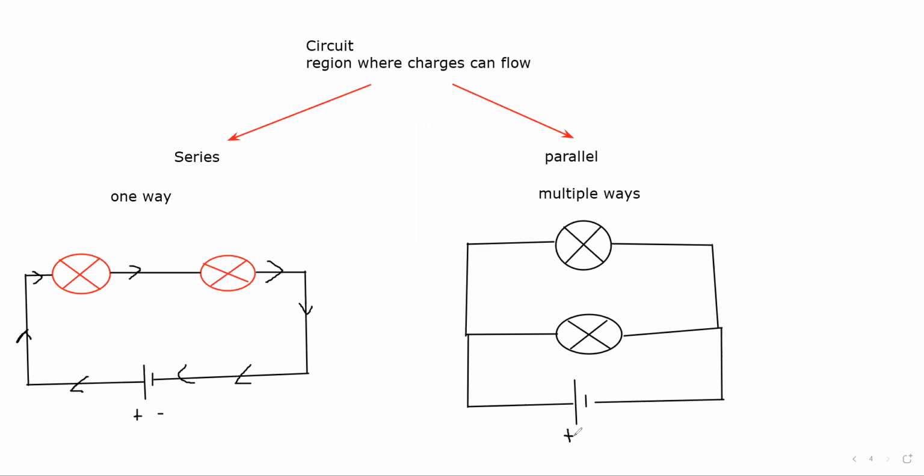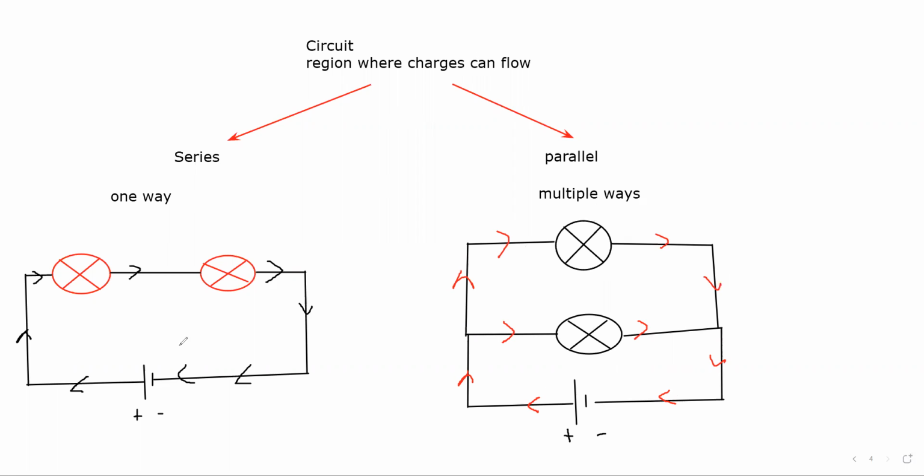So we have a positive and negative terminal. If I say state the direction of the movement of the charges, they have multiple ways to move. They can move through the first lamp, which is closer to the battery, or through the second lamp, and then return to the battery. The conventional current is always from positive to negative.